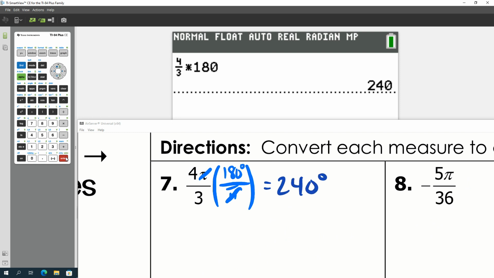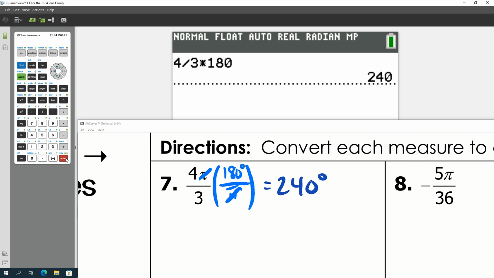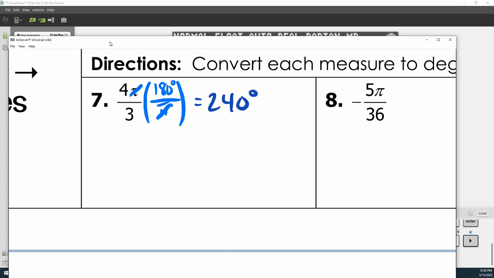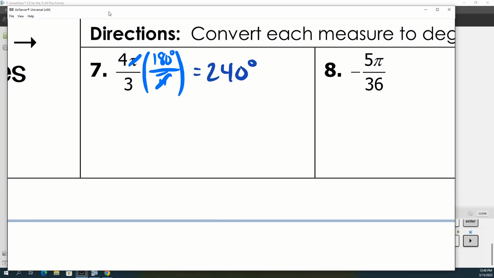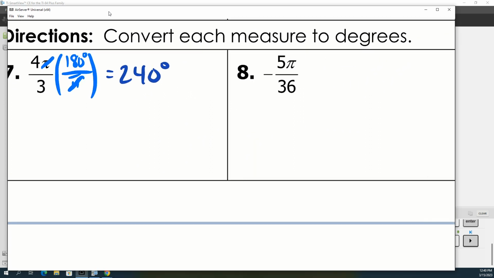Now on these, if you don't like doing that alpha y equals for the fraction, you can also just do 4 divided by 3 times 180. And it works the same way. So whichever you prefer to type it, it's up to you. Okay. So on number 8, same thing. We're going to multiply that by 180 degrees over pi.